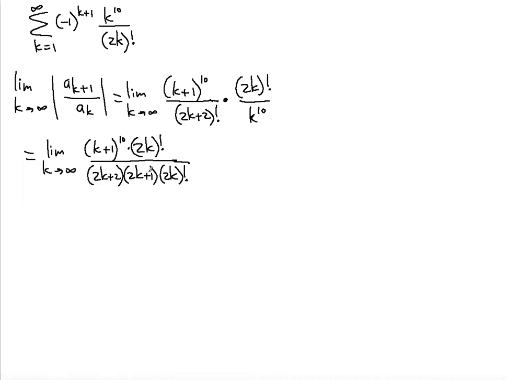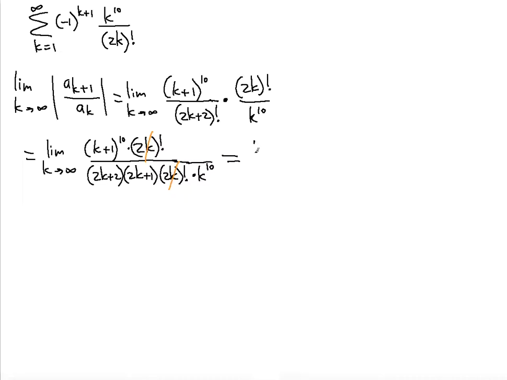That's how you factor out the factors so that you have 2k factorial times k to the 10th power. So what's going to cancel out? These two will definitely cancel out.